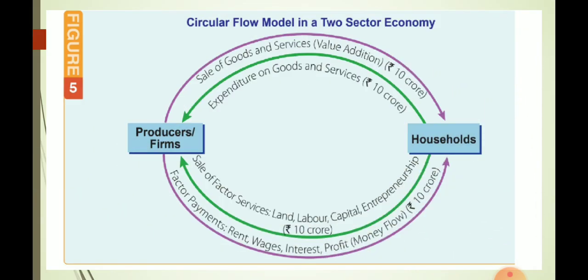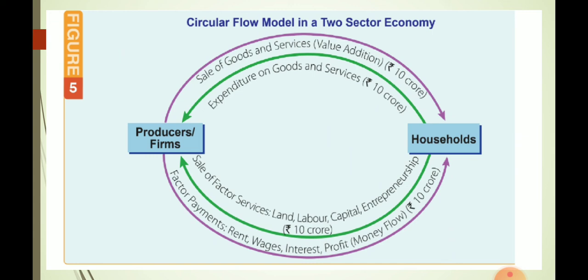Here you can see that first of all, the household sector sells factor services, land, labor, capital and entrepreneurship worth 10 crore to the producer sector.